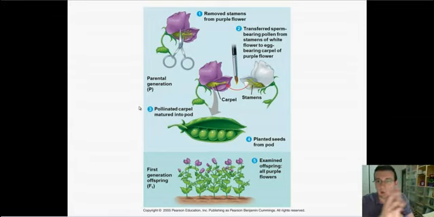He covered both flowers to make sure that none of the male was going to the female and vice versa. So in one flower, he left just the carpel, which is the piece that has the ovaries and the pistil, and on the other flower, he left the stamens.